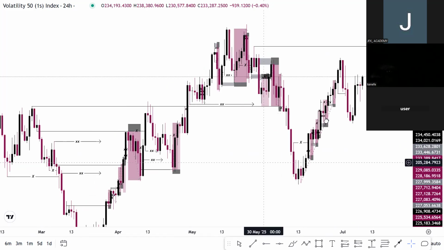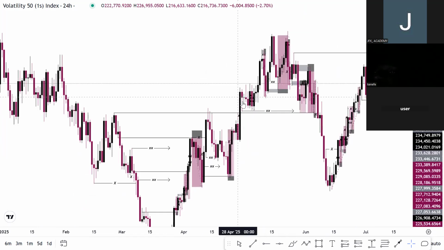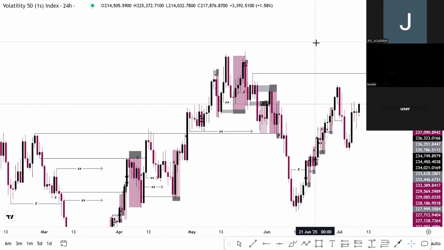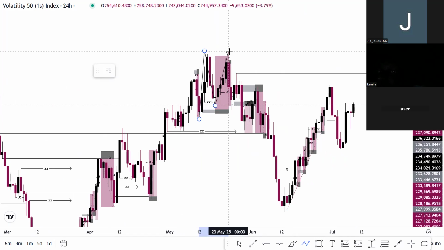Now, if I look vividly from here, the market has been buying, giving us a series of highs and lows. See what I'm seeing now. This is a low here, this is a high here, this is another low here, and this is another high here. The reason why I'm saying the market needs to break this particular guy is that it was supposed to break this way, but it never broke it.